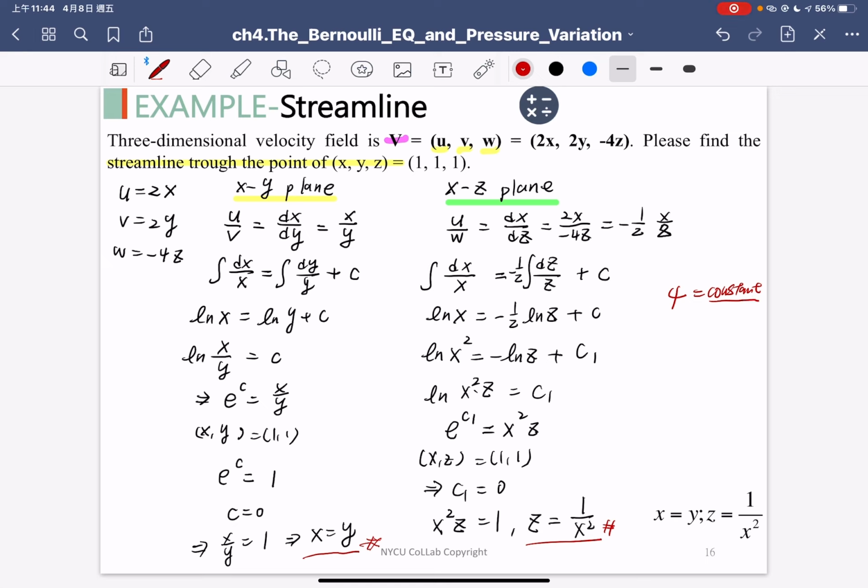But if we have the boundary condition, we can determine the constant value of the stream function. Okay, so this is the problem.